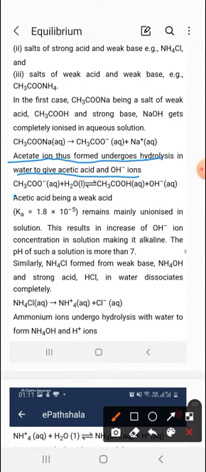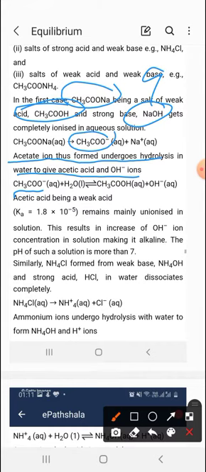So you can see this. This is the salt, sodium acetate. When you dissolve this salt in water, you will get acetic acid and the strong base NaOH, which is completely dissociated into Na positive and OH negative ions. But this acetic acid is not a strong acid. This is a weak acid, and this weak acid undergoes hydrolysis with water and forms acetic acid and OH negative ions.